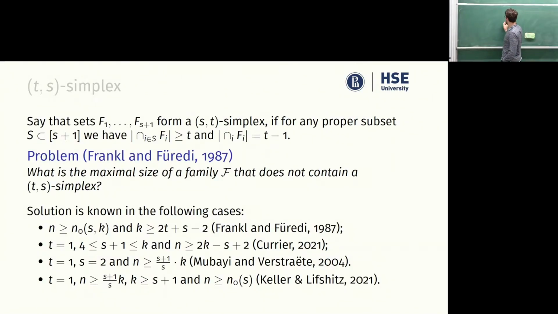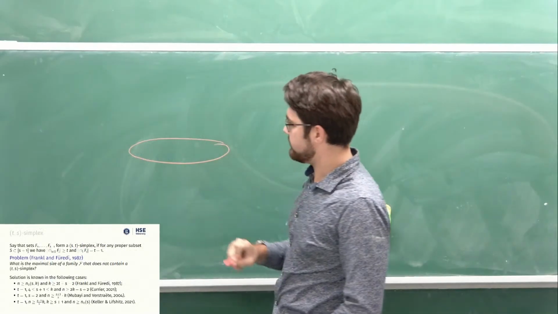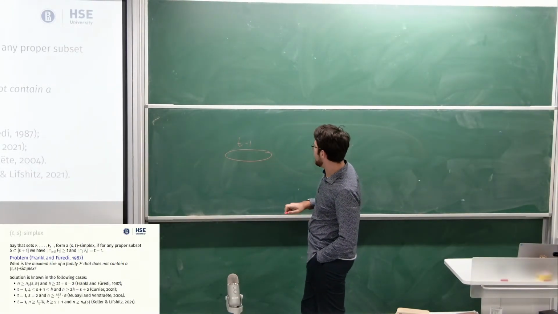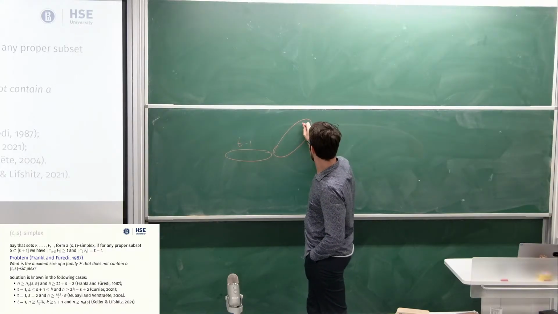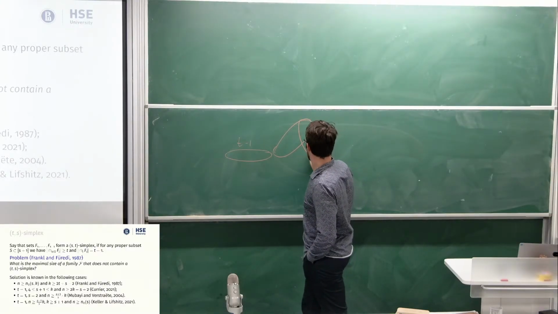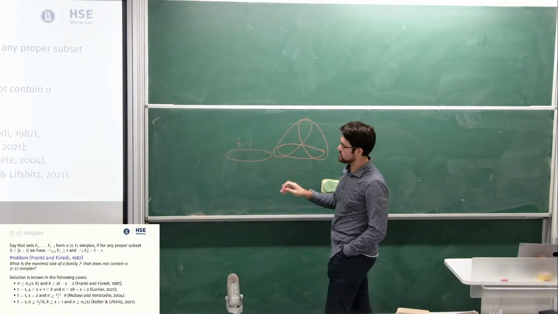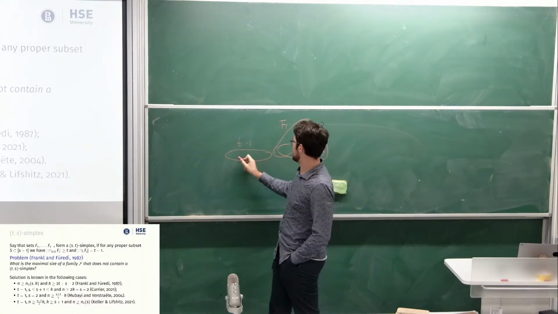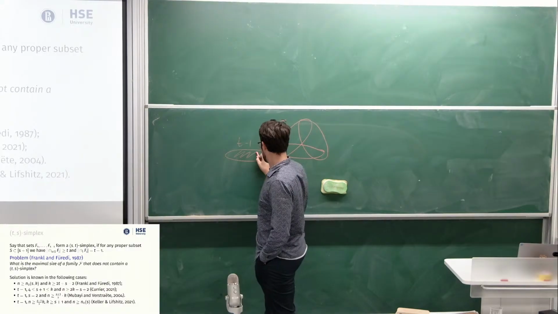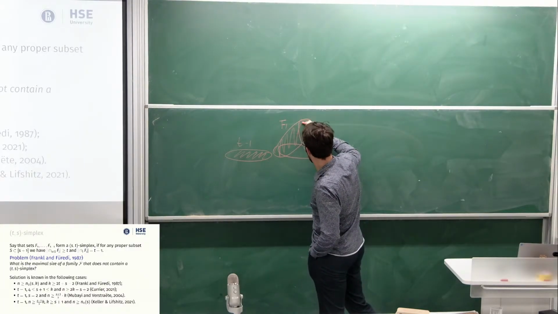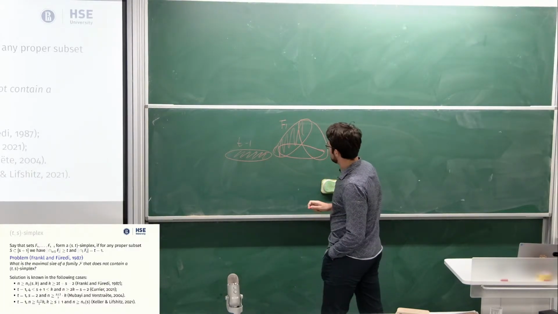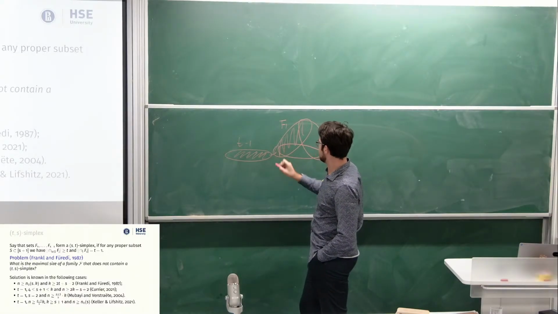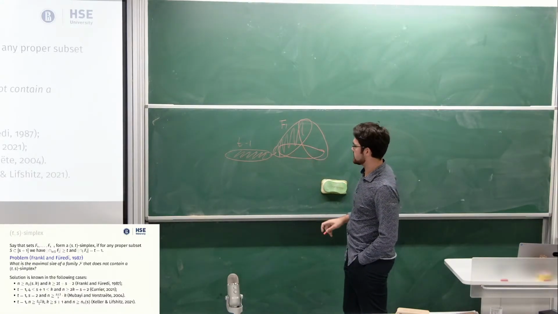We forbid structures like that. We have some core of size t minus 1, and then we have a kind of simplex on it. So F1 is the union of the core t minus 1 and some edge from the simplex.